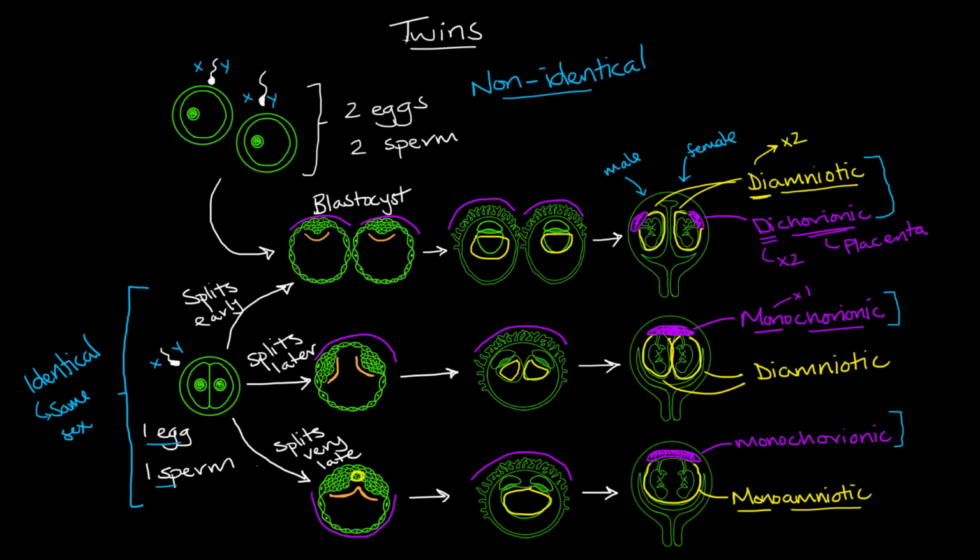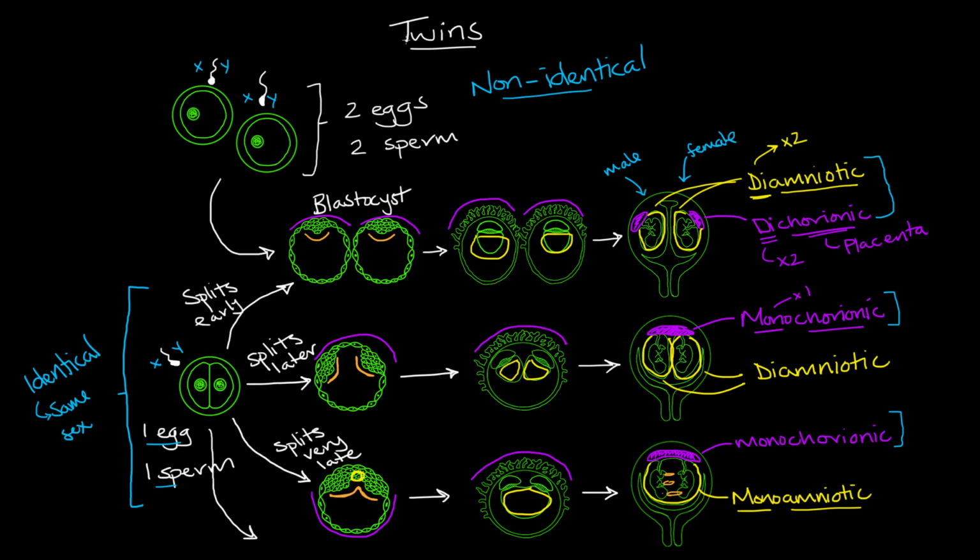Okay, so the last thing that I wanted to talk about was actually conjoined twins. This is very, very rare, but it's basically another possible outcome of the identical twins. But this is if the embryo splits extremely late. And here we had some overlap of the inner cell mass, but in conjoined twins, you have a lot of overlap of the inner cell masses, and the babies end up attached at either a foot or an arm or the back or even the head.